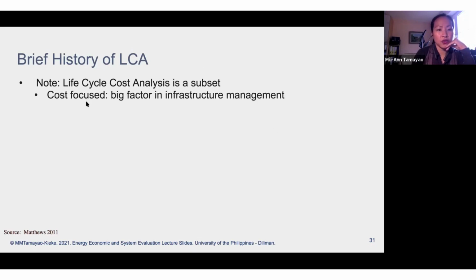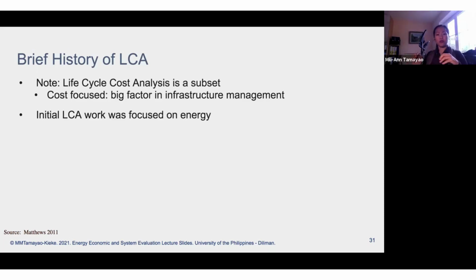And of course, it's cost focused. Okay? And it's a big factor in infrastructure management. We included LCA as a factor in decision making for procurement. Okay? And maybe that's in the context of the cost itself, including the first time cost as well as the recurring cost, but also environmental impact.